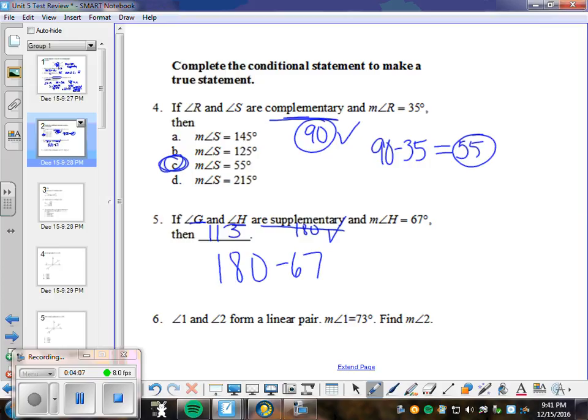Number 6, angle 1 and angle 2 form a linear pair. A linear pair is supplementary, 180. So if angle 1 is 73, you do 180 minus 73, and the measure of angle 2 would be 107. So that's our answer for 6, 107.